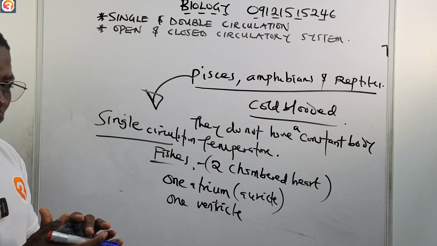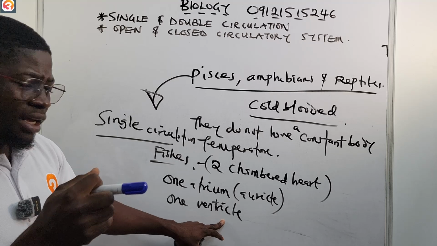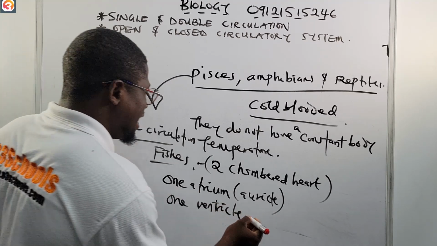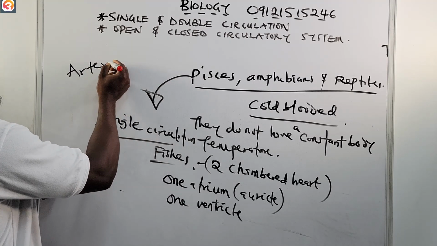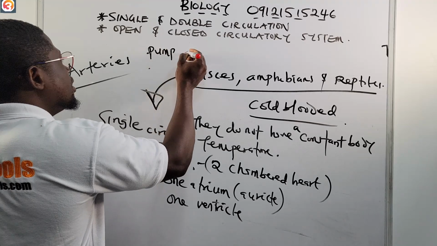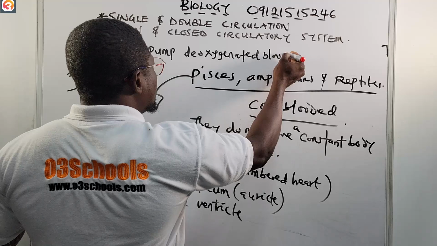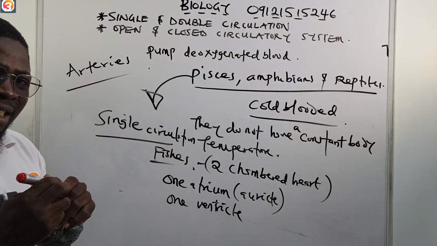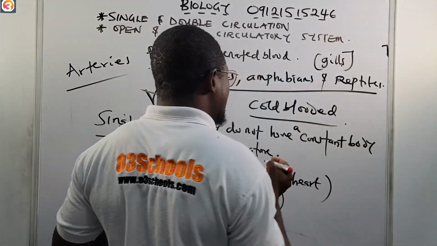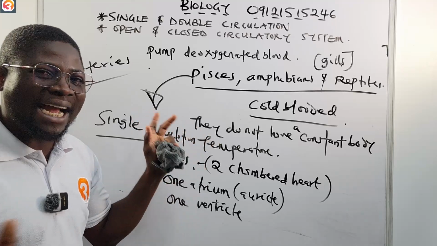What happens in fishes? The arteries pump deoxygenated blood from the heart to the gills. Fishes use gills for gaseous exchange. You know this already from our earlier classes.